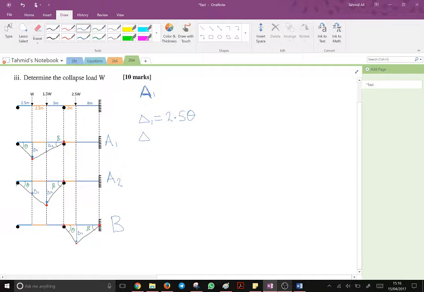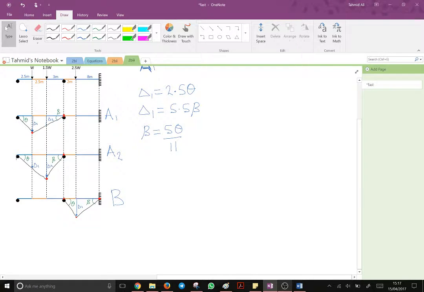So theta 1 would be equal to 5.5 beta. Now we can get beta is equal to 5 theta over 11 if you just rearrange. And let's get a relation in delta 2.